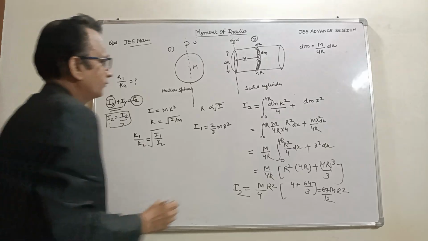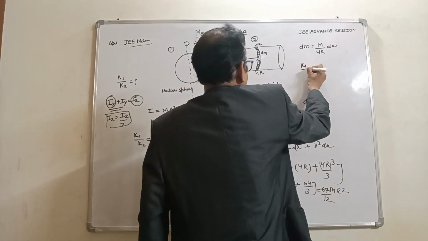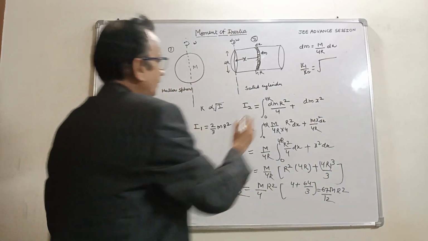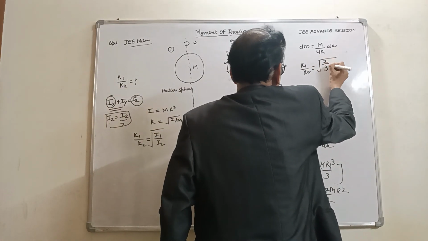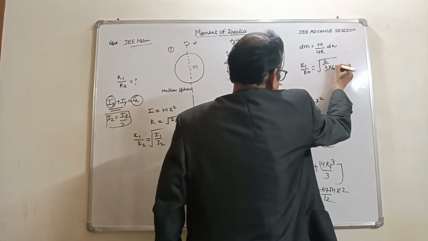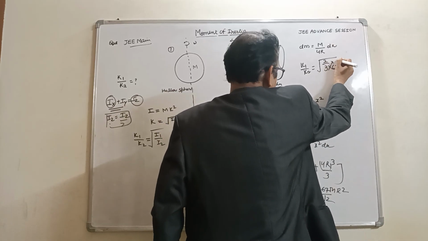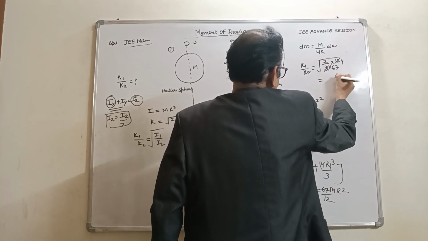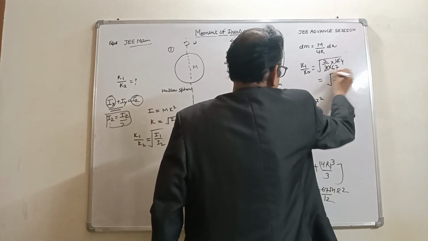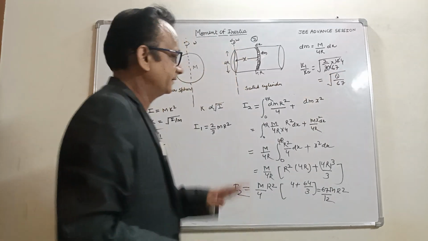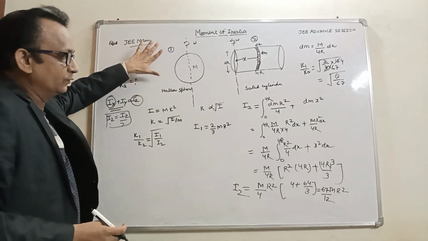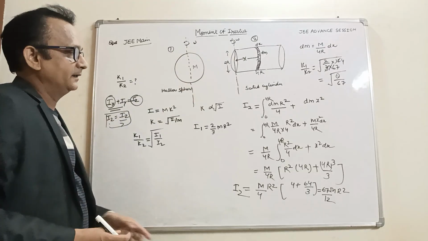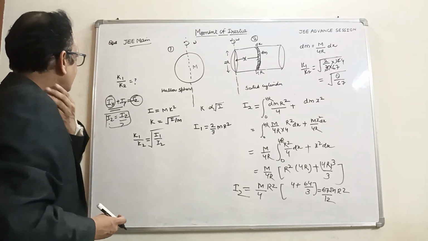So we find here k1 upon k2, radius of gyration would be k1 upon k2, I1 is 2 by 3 mr square, mr square cancel, and this would be 67 into 12, so 4, and this would be 8 by 67. This is the radius of gyration. So this question is a good question, and I hope your concept will be built by analyzing this question.